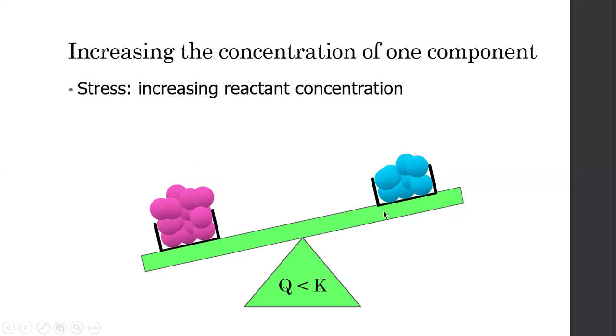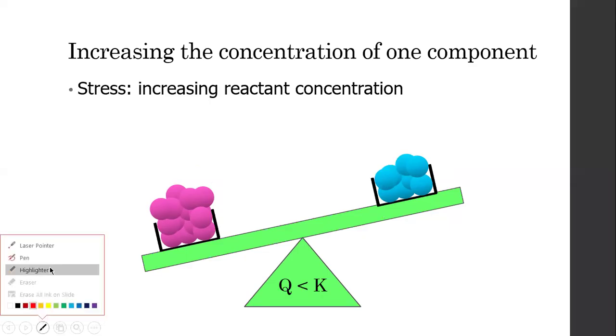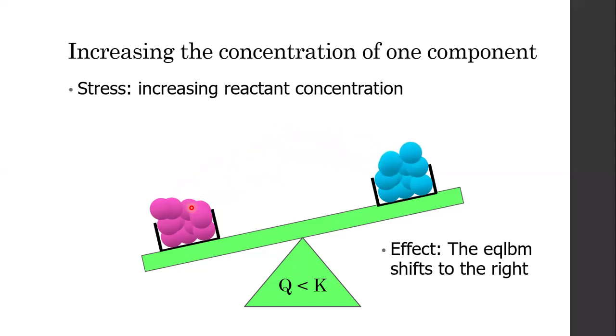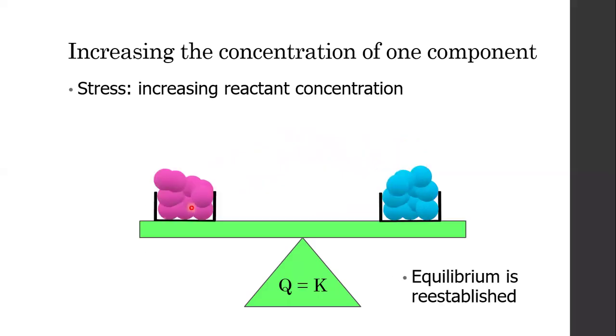Now our seesaw wouldn't be balanced. Since we are increasing the amount of the reactant, the left side will be heavier. And what would the system try to do to go back to its equilibrium state? You might think, well, we could transform some of the reactants into products so that we could re-establish equilibrium.